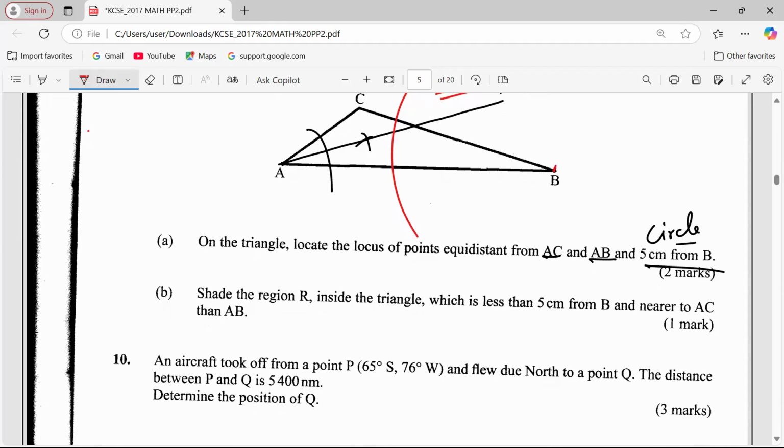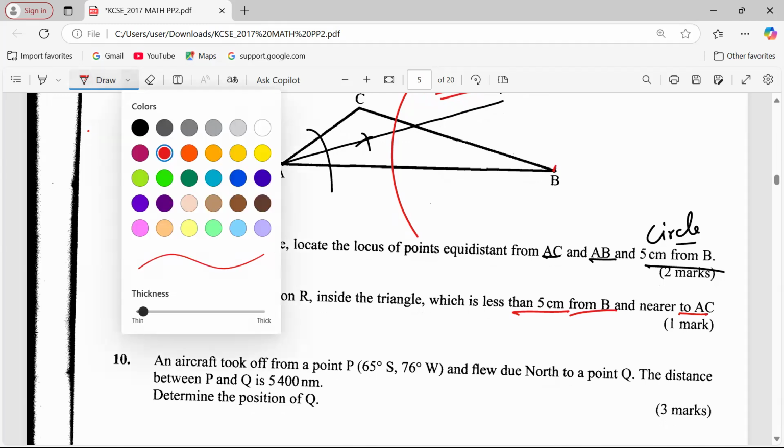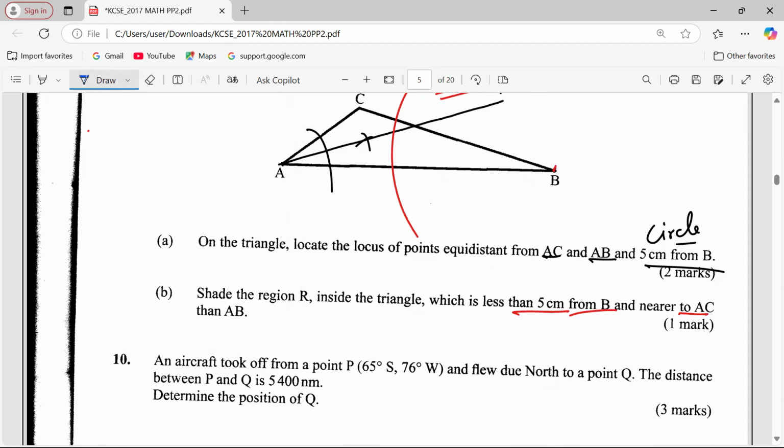Shade the region inside the circle, which is less than 5 centimeters from B and nearer to AC than AB. So to shade the region, we are going to identify it that way.